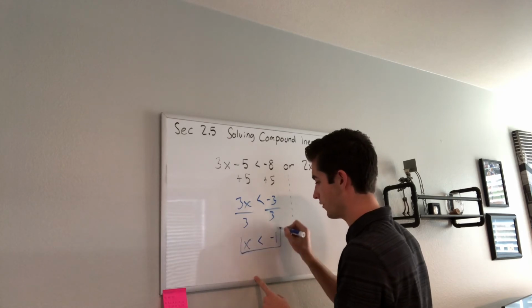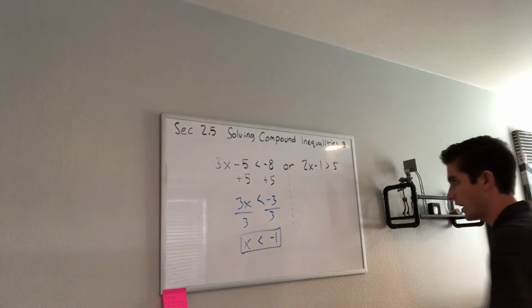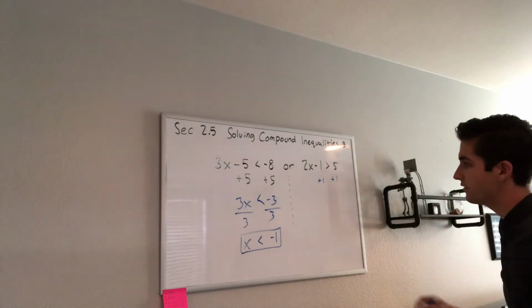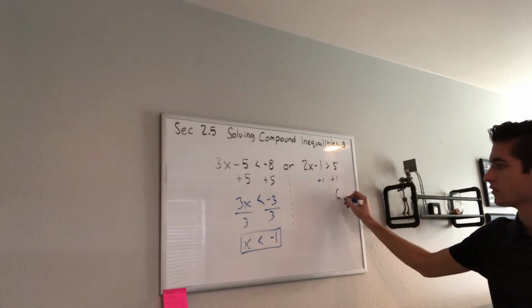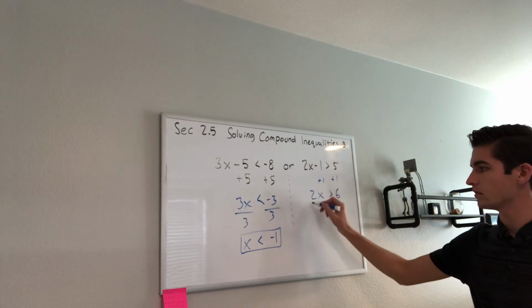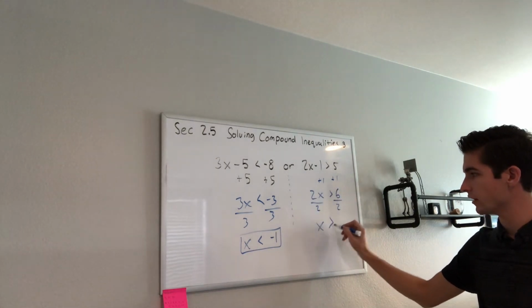This is going to be the first one. Over here, we're going to add 1 to each side. 5 plus 1 gives us 6. Bring our sign down and bring the 2x down. Divide by the 2, we have x is greater than 3.